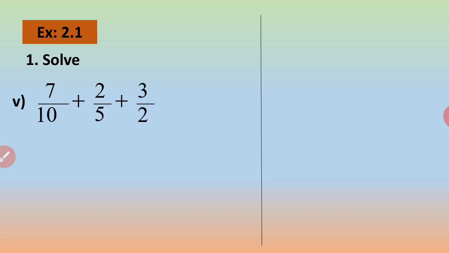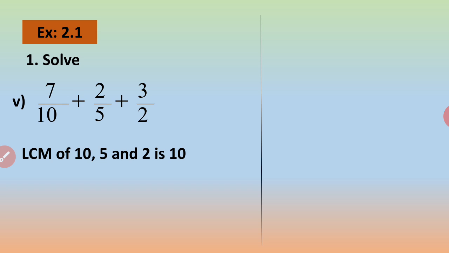You will first of all find the LCM. The LCM of 10, 5 and 2 is 10. The easier method of finding LCM is that you start with the highest number's table. Here in the denominator you have 10, 5 and 2. So select 10 as it is the highest number.